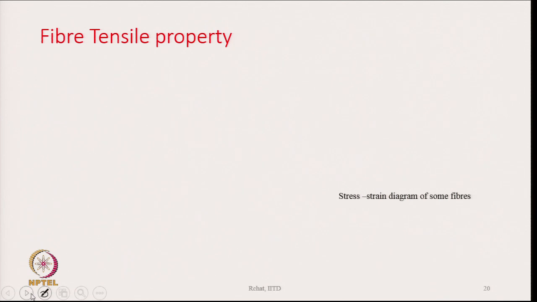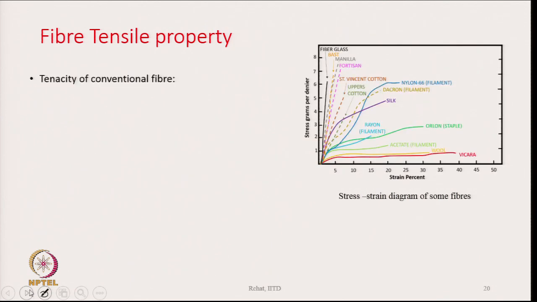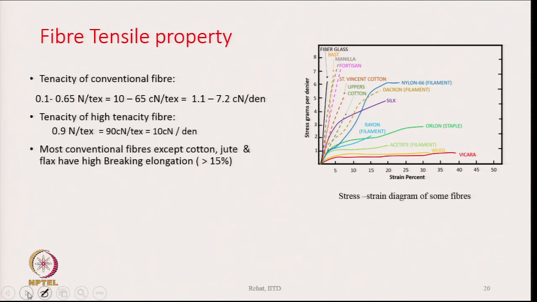Then fiber tensile property. Typically for all the conventional fibers that we use, the tenacity value range is given here in terms of centinewton per denier or centinewton per tex. Tenacity of conventional high tenacity fibers is going to be about 10 centinewton per denier.